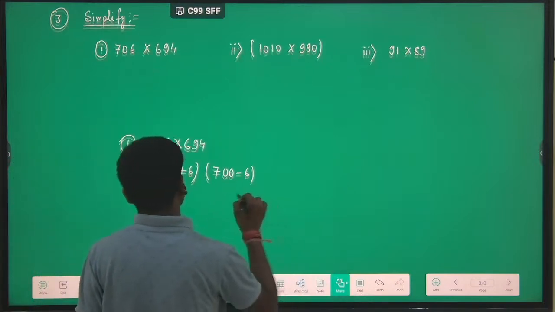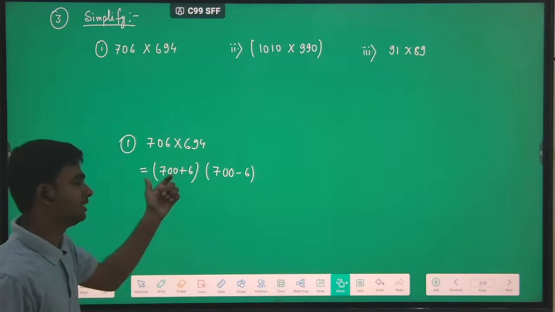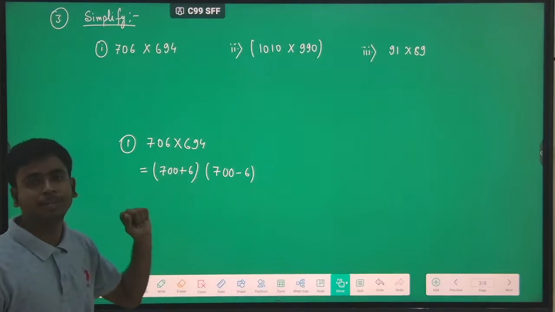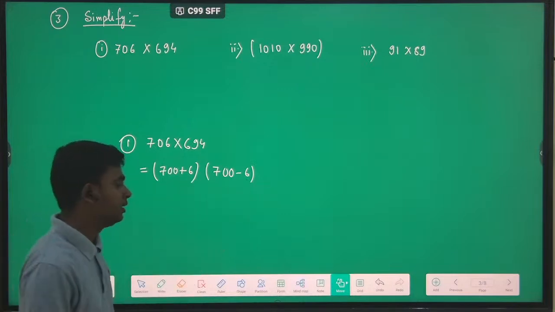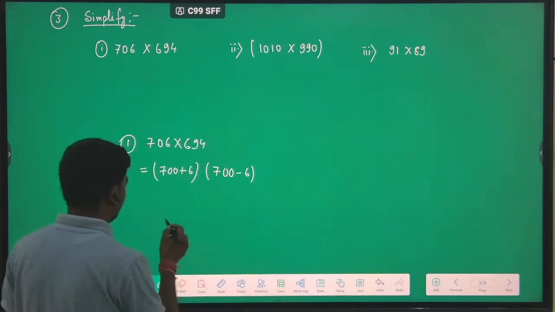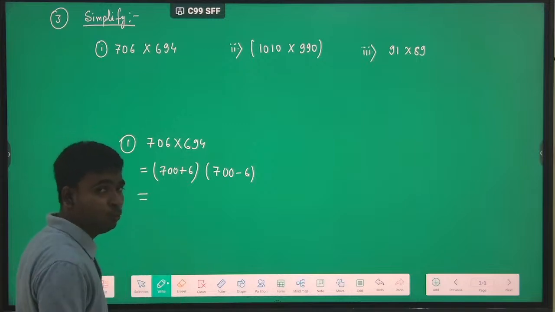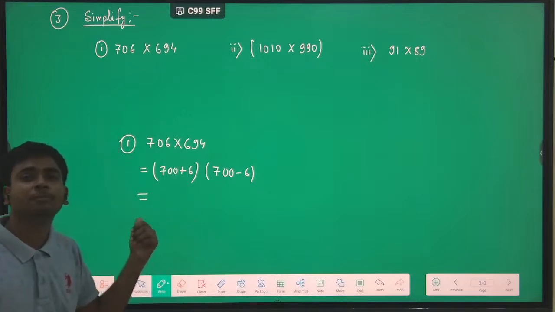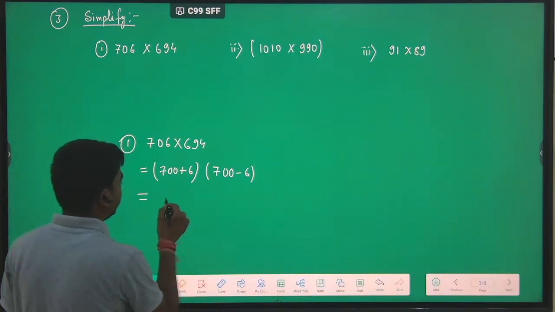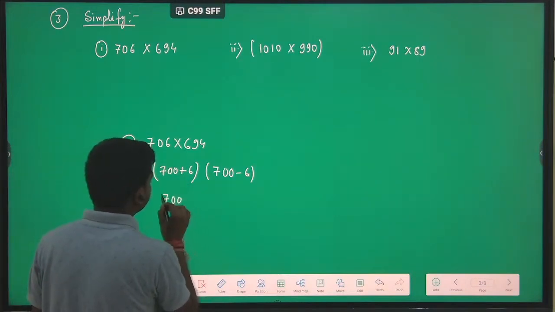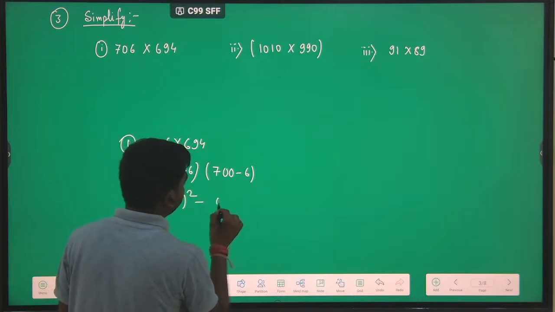Let us suppose this 700 as A and this 6 as B. So we are getting A plus B into A minus B, and we know that A plus B into A minus B is A square minus B square. So we will write here A square minus B square.